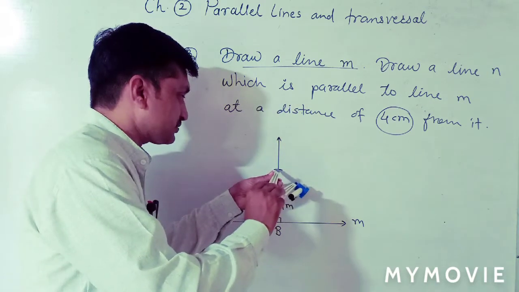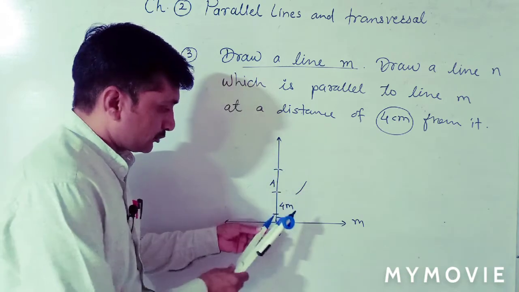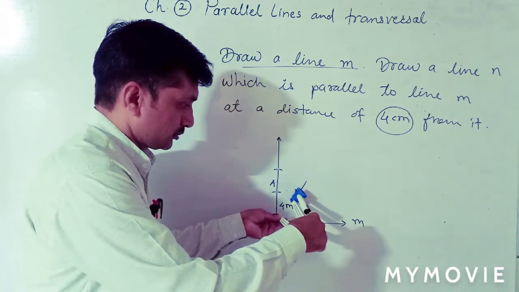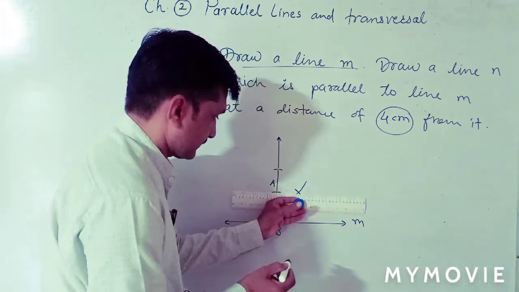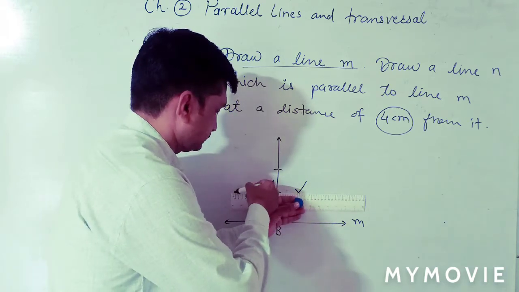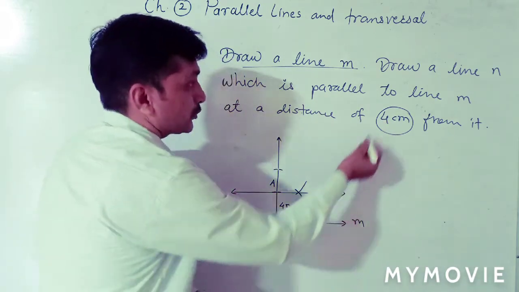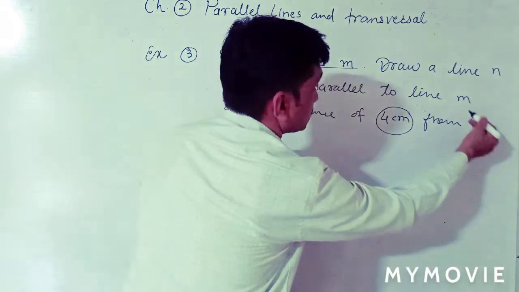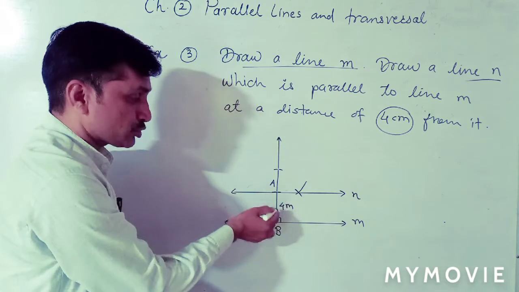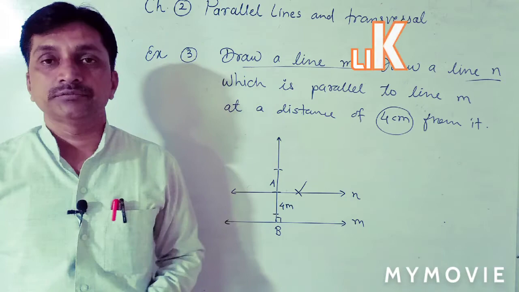By taking more than half distance, one arc you draw from this, and now a second time from this arc, draw here the intersection point. Point A and the intersection, in this way. And what is the name of this? It is given here, line N. Line N is here. At what distance is it drawn? At 4 centimeter from line M. This is the construction.